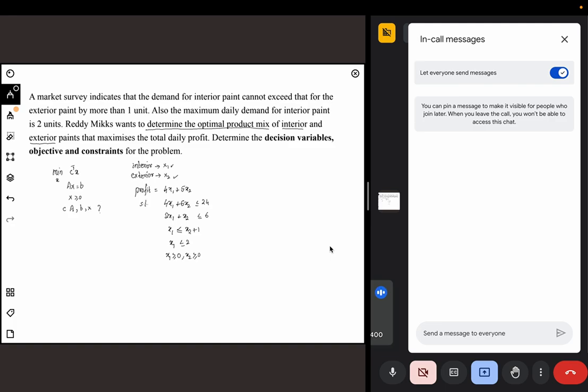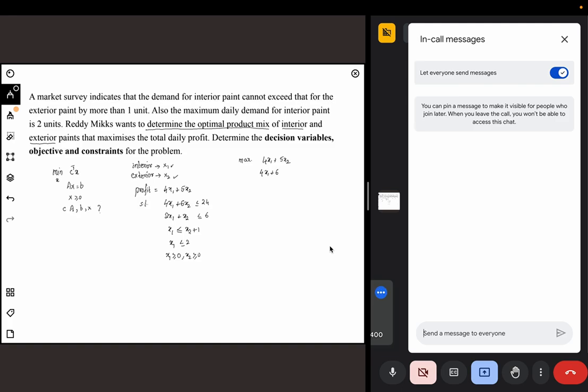Now I have to convert this into the standard form. So how do I do that? First we introduce the slack variables. We write maximize over x, so whatever variables are there, with respect to all the variables you are maximizing the objective 4x1 plus 5x2, subject to each of these constraints.